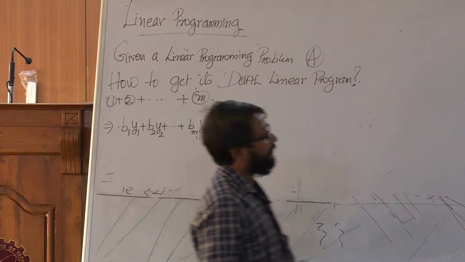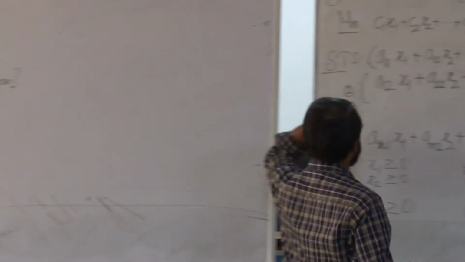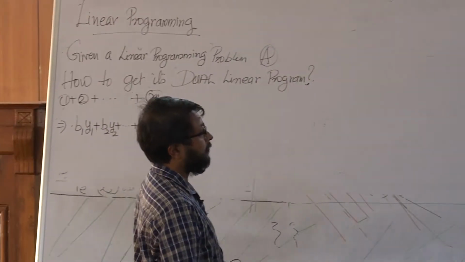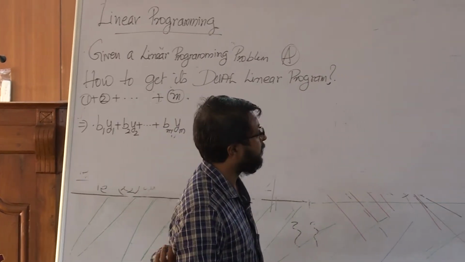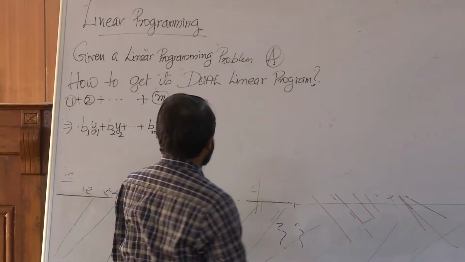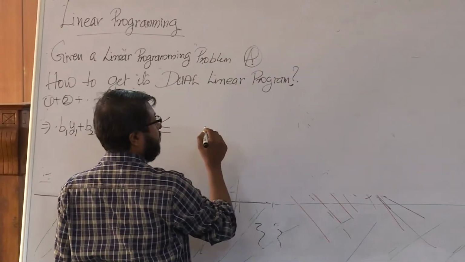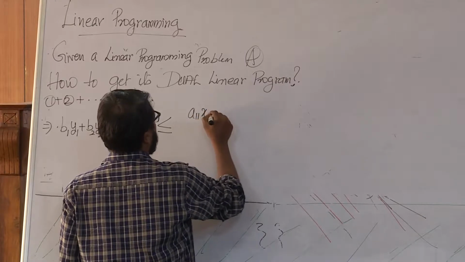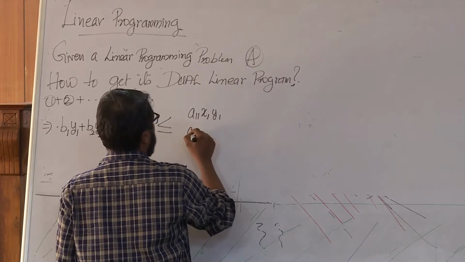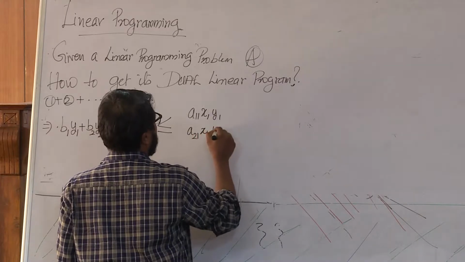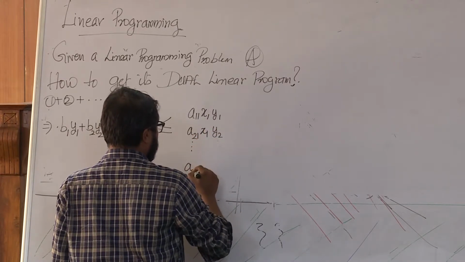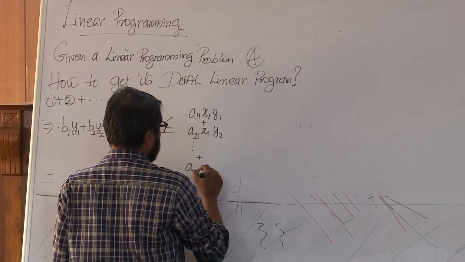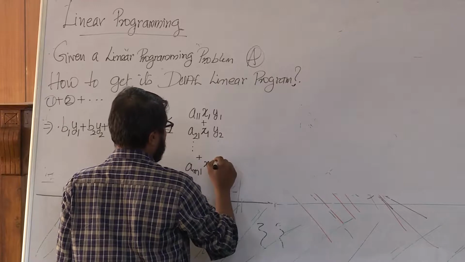Now, what is that you have here? So, let us put this as less than or equal to a11 x1 y1 plus a21 x1 y2 plus am1 x1 ym.